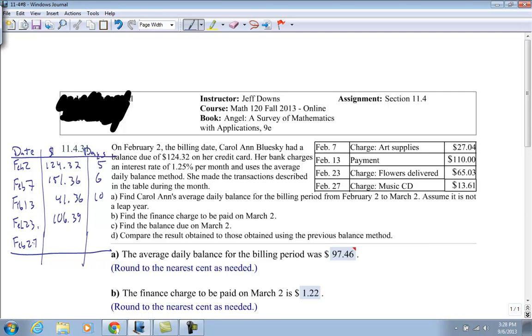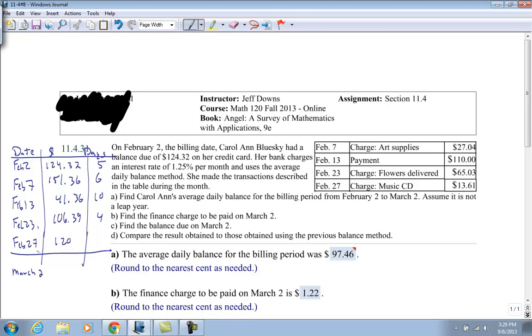Then February 27th, so that was for 4 days of that balance. Bought a music CD, and everyone's probably saying, hey, what's a CD? We used to listen to music on them, before the days of downloads. Okay, we're at $120. And that goes from the 27th through March 2nd.